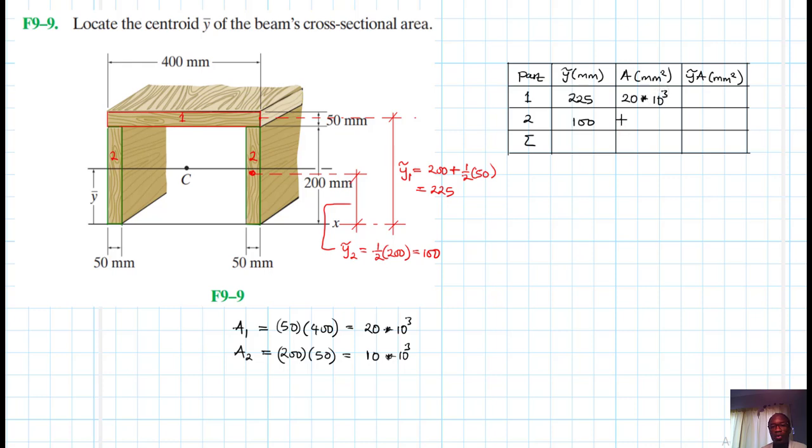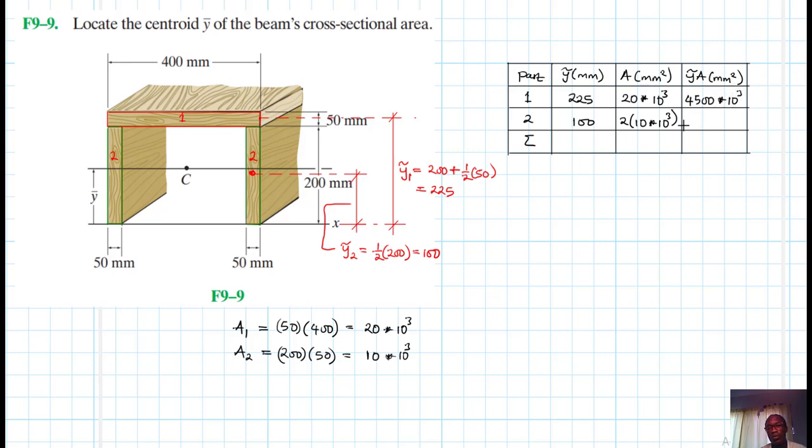The other one, there are two of them, so it's 2 by 10 times 10 to the power of 3. And then we multiply: we get 4,500 times 10 to the third.